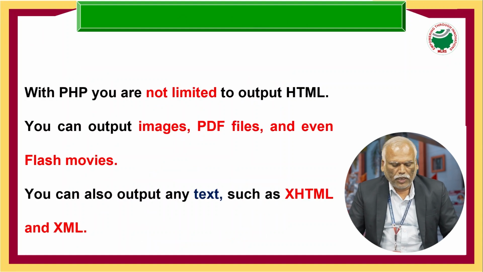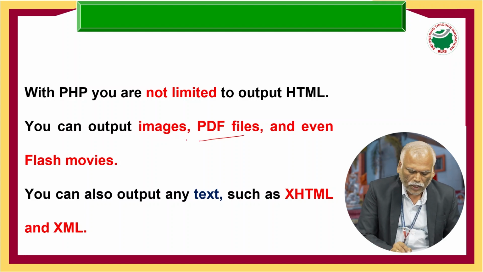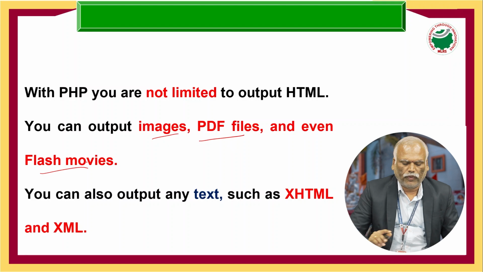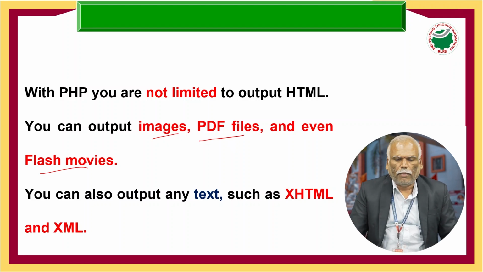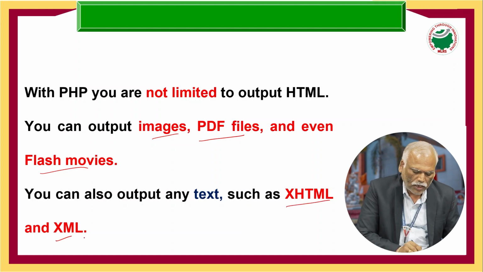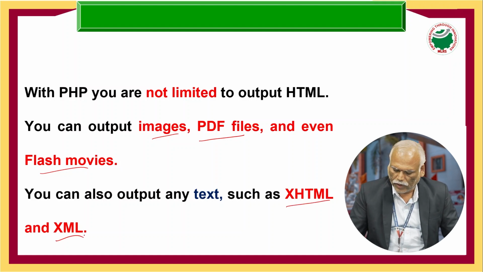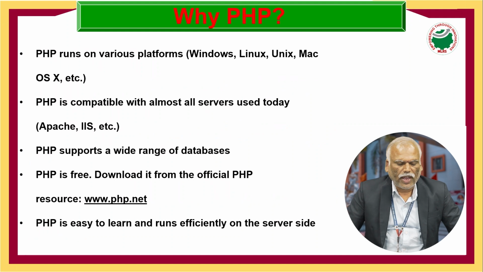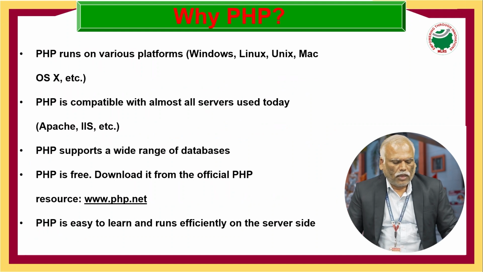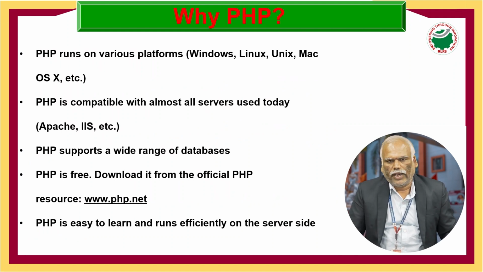With PHP, you are not limited to outputting HTML. We can output images, PDF files, and even Flash movies. This is what PHP can do. We can also output any text, like XHTML and XML. So why PHP? PHP runs on various platforms.